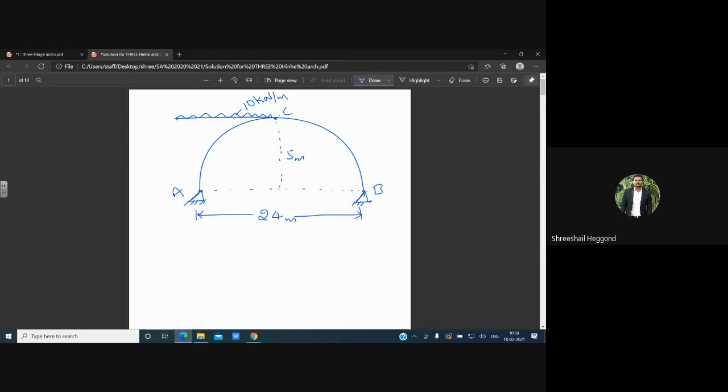Here, for our knowledge, always the hinge structure or arc structure, the members all will be in the compression only. There will be no tension zone. Why? Because the supports will be at the end, and whatever loading condition will be there, that will be on the top only. All members will be acting in the compression zone only. There will be no tension zone members.